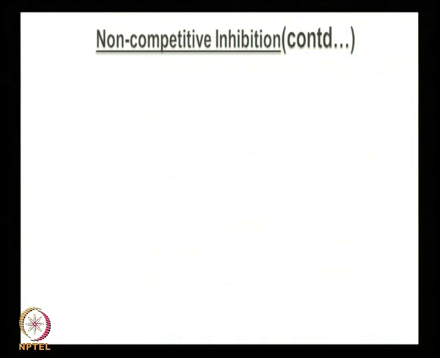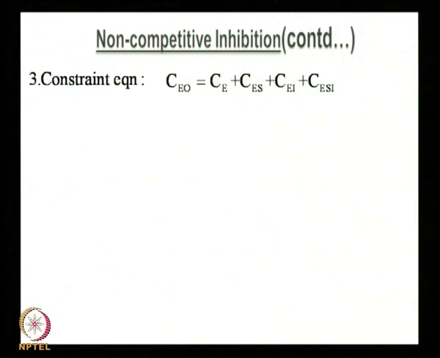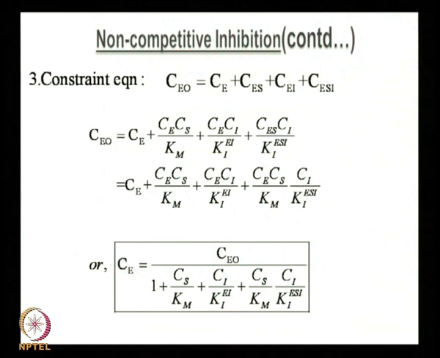So, the free enzyme and the enzyme in the 3 different forms, which is ES, EI and ESI together should be CE naught, which is the total amount of enzyme present in the system to start with. Okay. So, what you do is you keep this and then you substitute for each of those complexes.